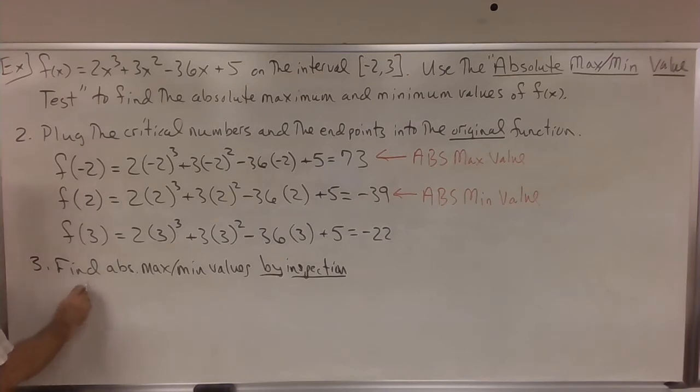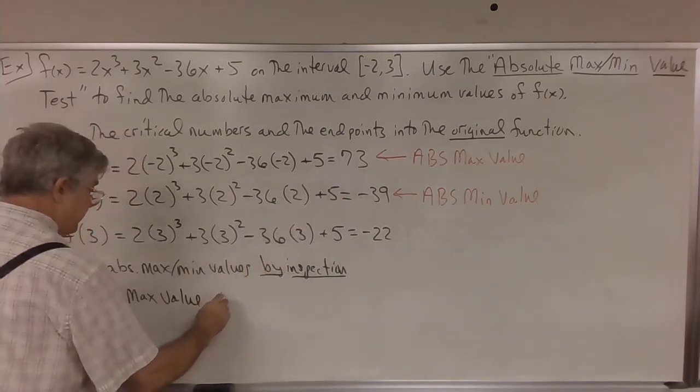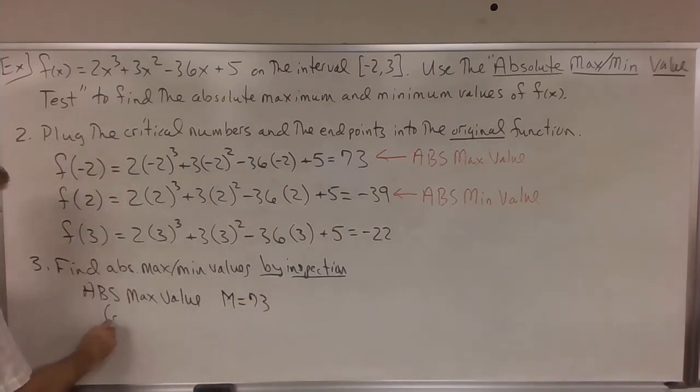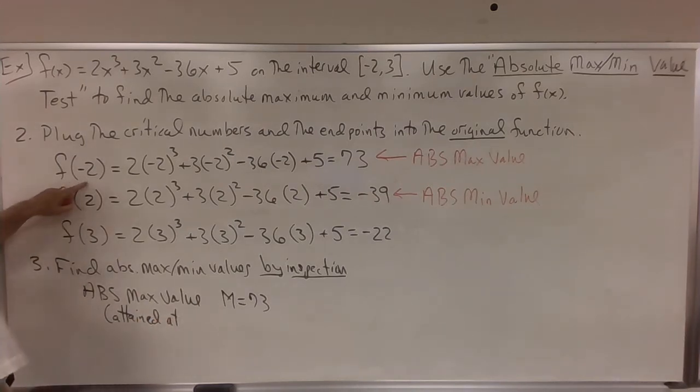So absolute max value, 73, and I'm going to put attained at x equal -2.